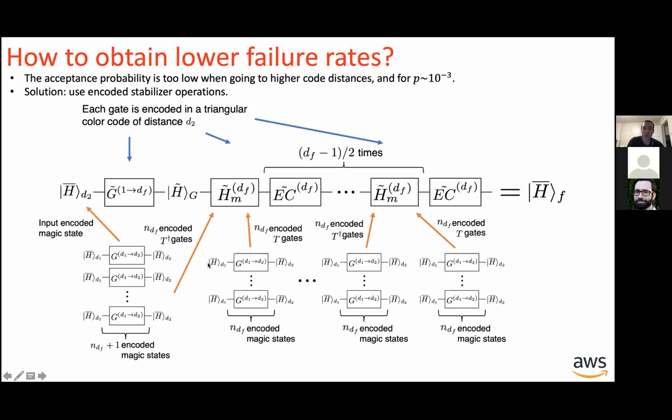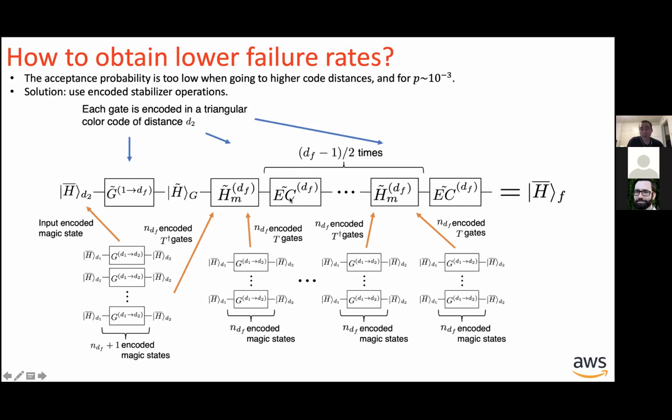So what I'm showing here is that we're going to grow our magic states at distance D1 to a distance D2 magic state, and then use those to do the T gates that we want for the control Hadamard gates in the encoded version of the Hadamard measurement circuit. And then of course we do error correction, and all of the gates here are transversal because these are all stabilizer operations.